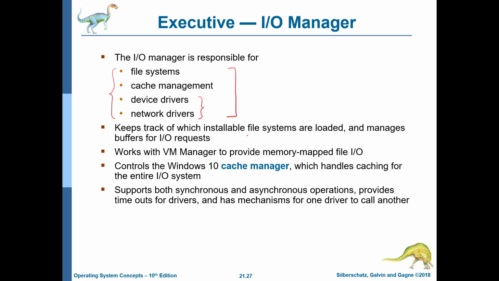It manages the buffers for IO requests, because if something is being sent to an IO device, you have to locally buffer it. It works with the virtual machine manager to also provide memory mapped IO as and when it is required. Manages the cache as we have seen. And furthermore, it manages all IO operations.